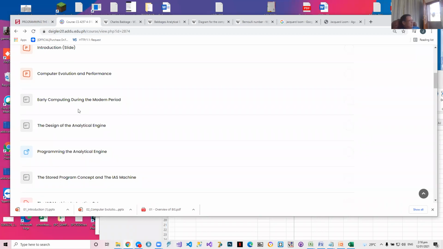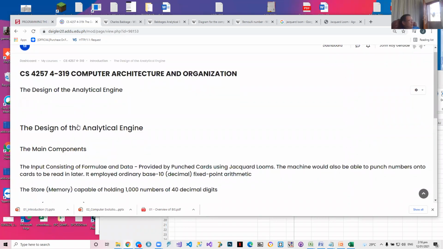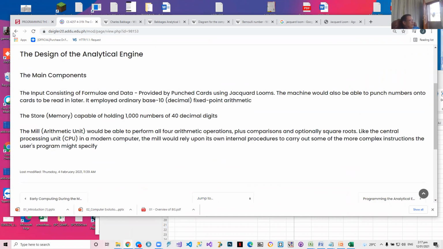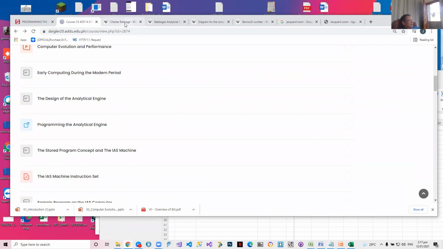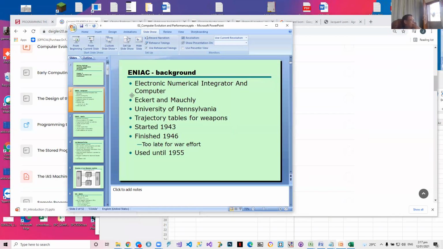Do you follow? Before World War II, analytical engine, this. Let's go to our main source. Here, 1943, before World War II.